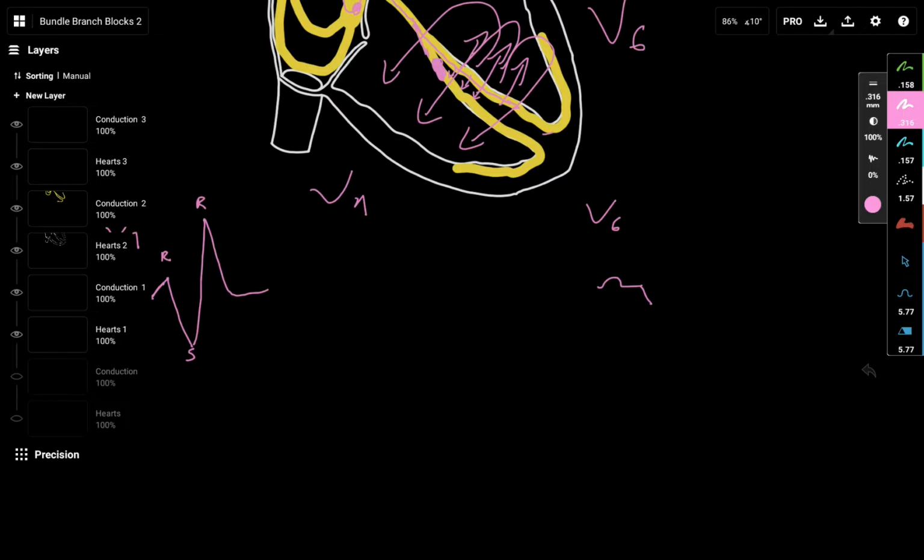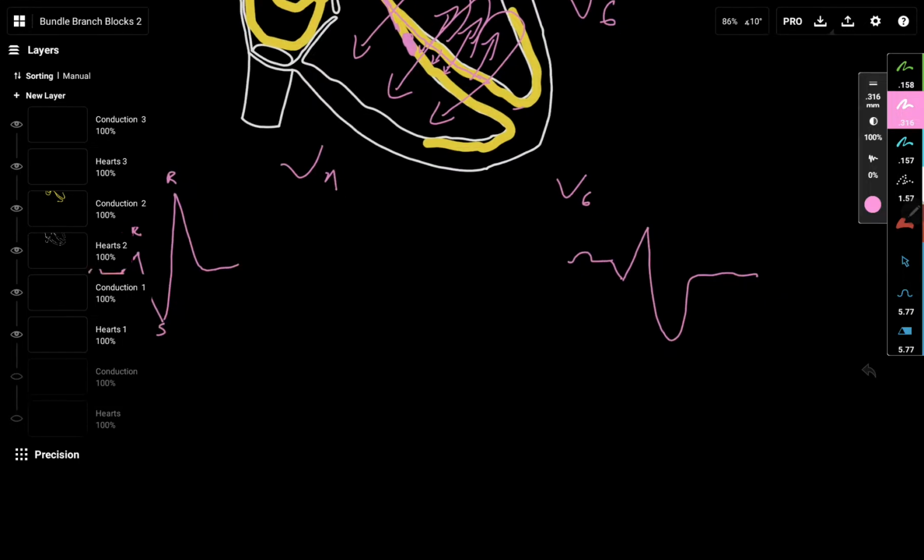And then we're going to have a main depolarization of my left ventricle, therefore a positive deflection there. And then the action potential is going to travel back the way through the septum again, and depolarize my right ventricle, which is an action potential traveling away from V6, which is going to be a big slurred negative deflection here, and then back to isoelectric line.